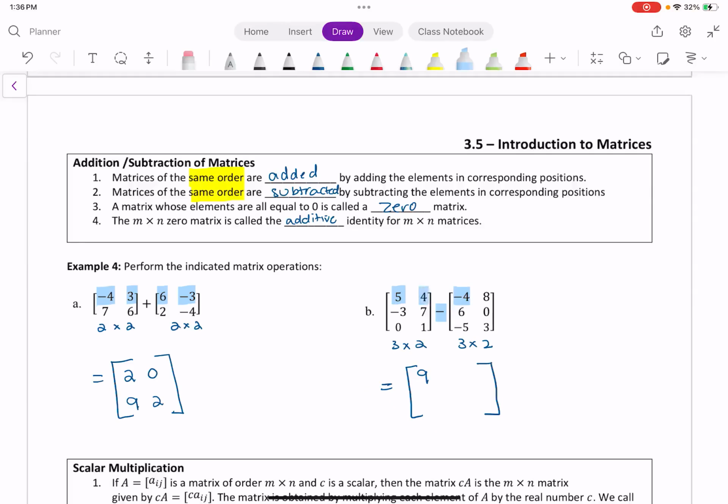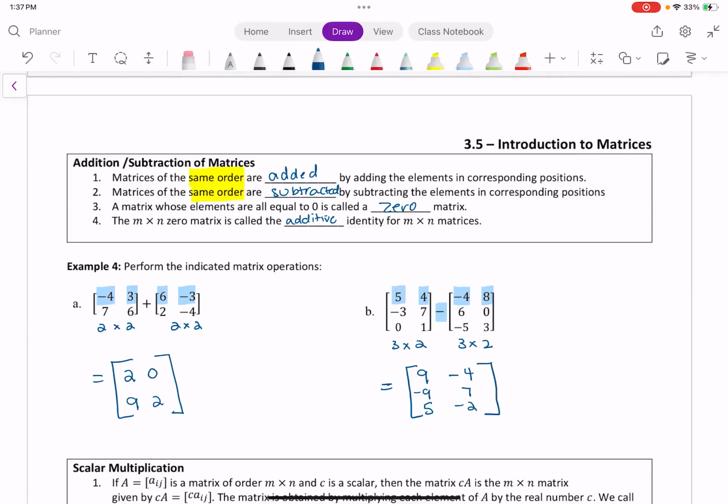So now I have 4 minus 8, -4, -3 minus 6, -9, 7 minus 0 is 7, and 0 minus -5. That gives us positive 5, and 1 minus 3 is -2.